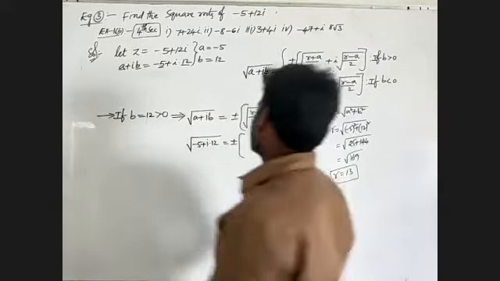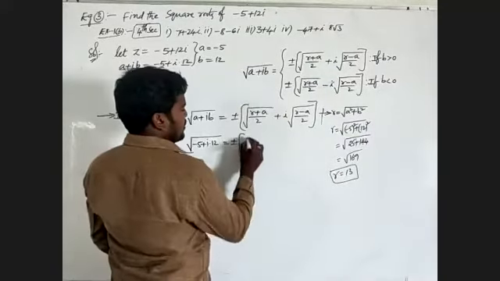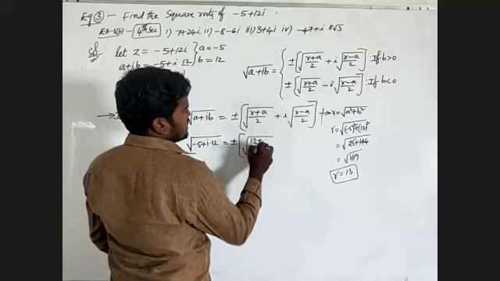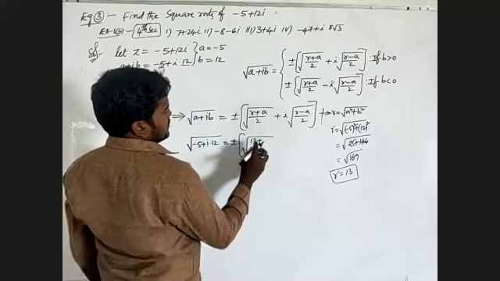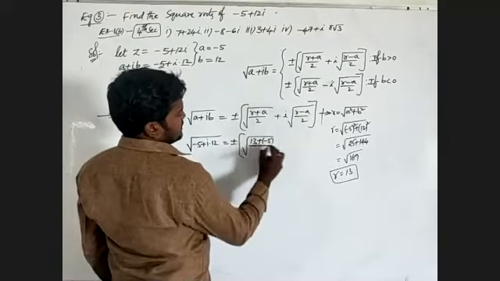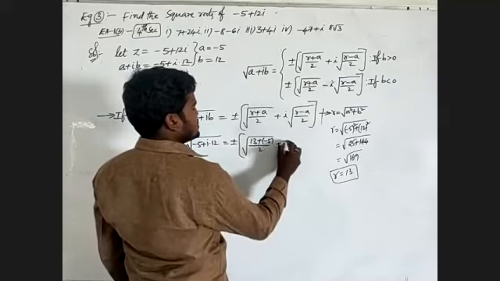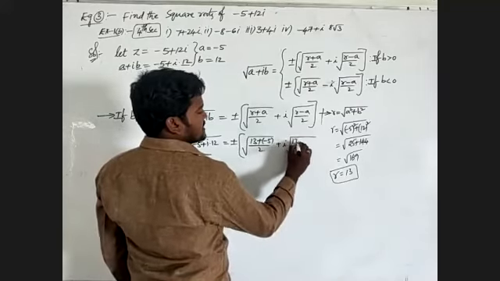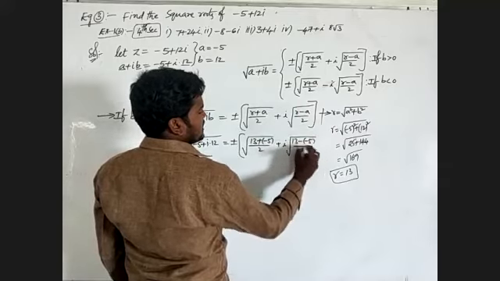How to substitute in this one? That means root of R plus A by 2, where A is minus 5, the denominator is 2, plus i into root of R minus A by 2. R is 13, A is minus 5, the denominator is 2.